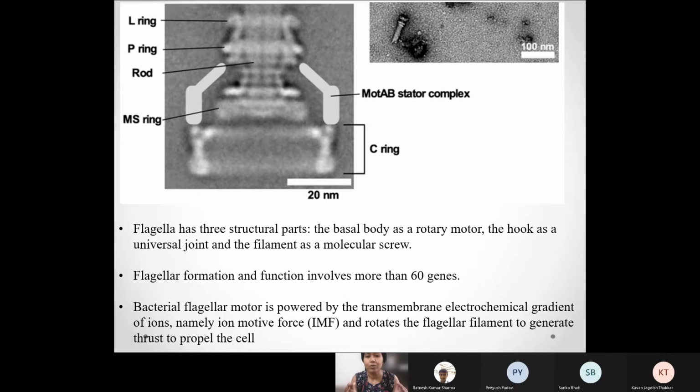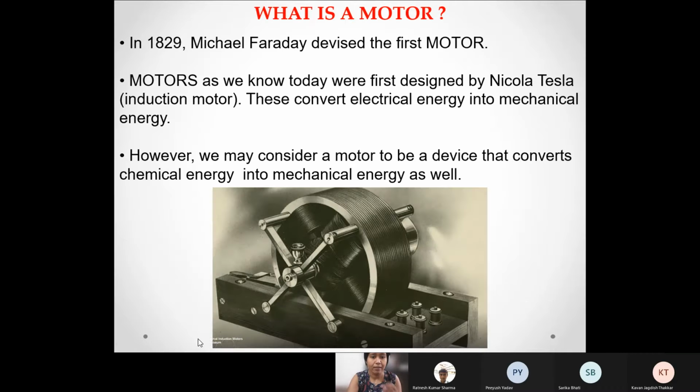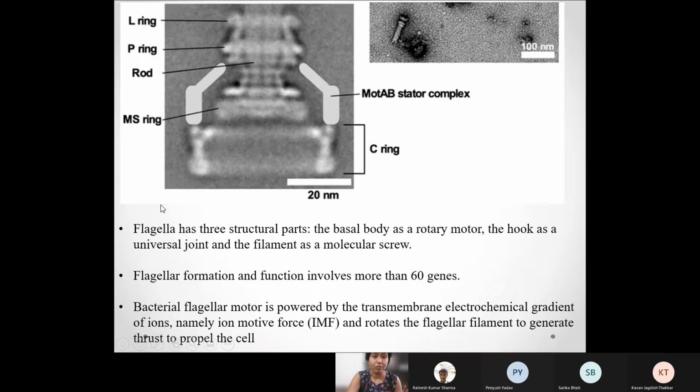It has some components which are the stator, and just like in Tesla's motor, where the stator was driving the rotor, the stator in the flagellum also does the same thing. I'll come to exactly these components with the video, but for the moment let's understand that there is an analogy.